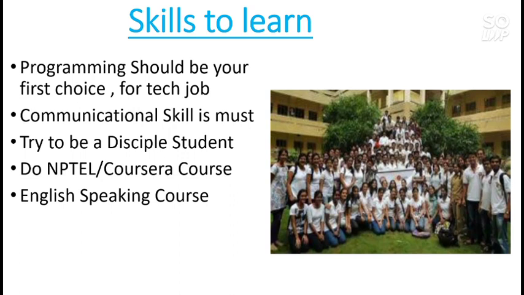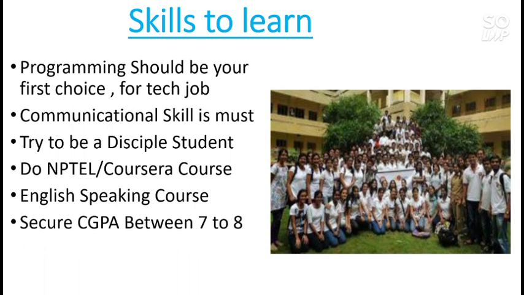So you should try to build those skills in the first year, because in the first year you have so much time to develop your skills, whereas in the third and fourth semesters you will not have so much time, because you have to study many subjects to clear the university exam.